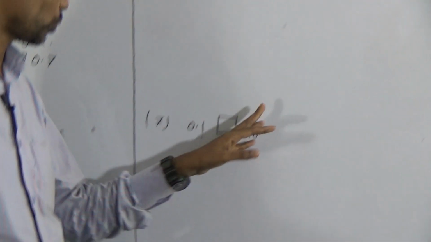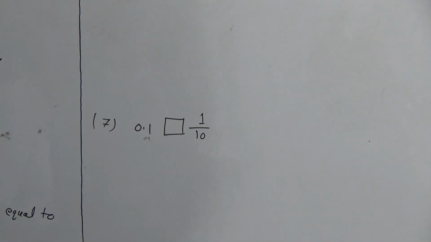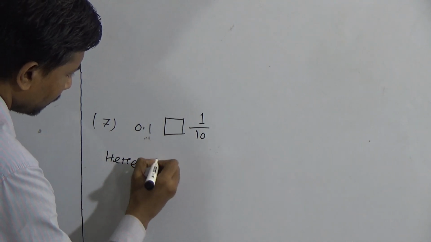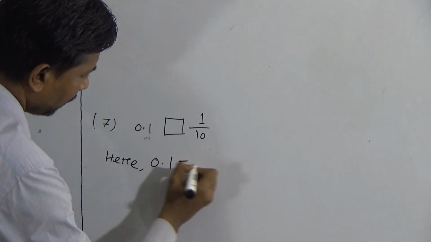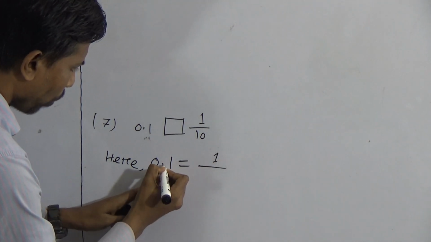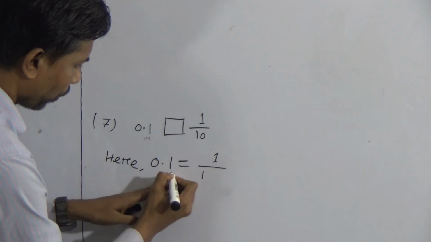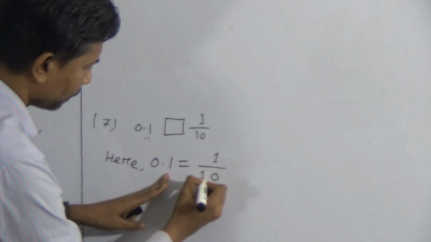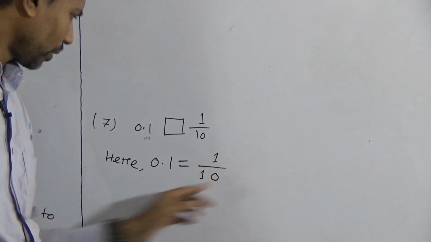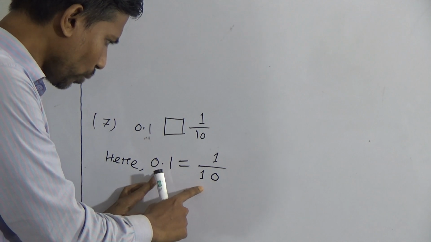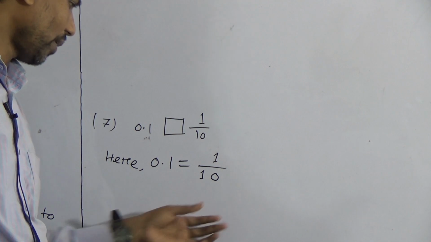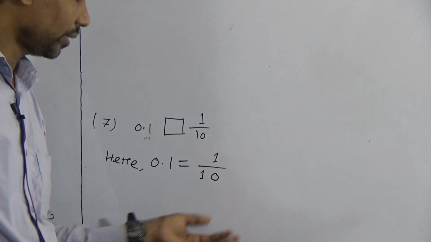0.1 blank 1 by 10. Look right here, 0.1 is equal to what? For the point we write here 1 and for 1 we write here 0. I repeat, for the decimal we have to write 1, and for any digit we have to write 0.